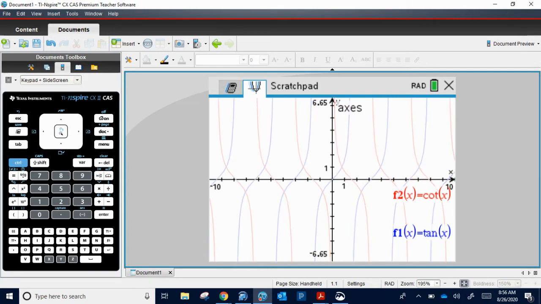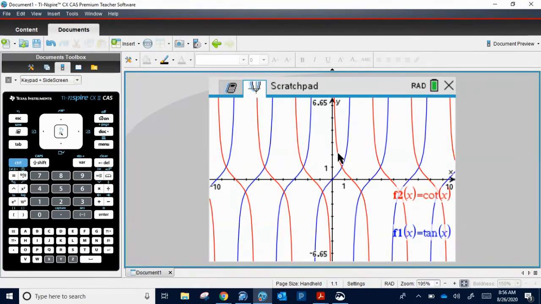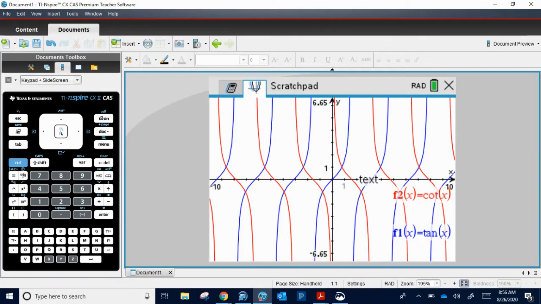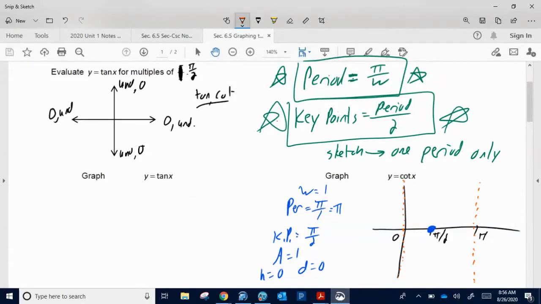So this piece where my cursor is going right now is tracing what we just graphed between 0 and pi. And it kind of hugs the asymptote, dives across the middle, and hugs the far asymptote.